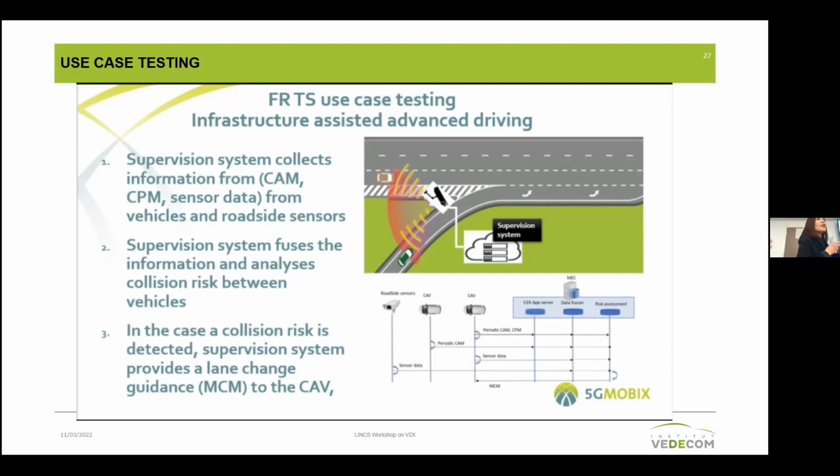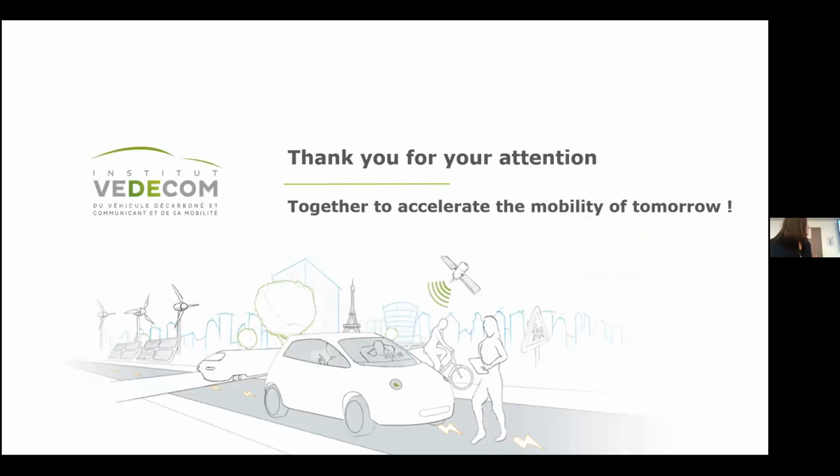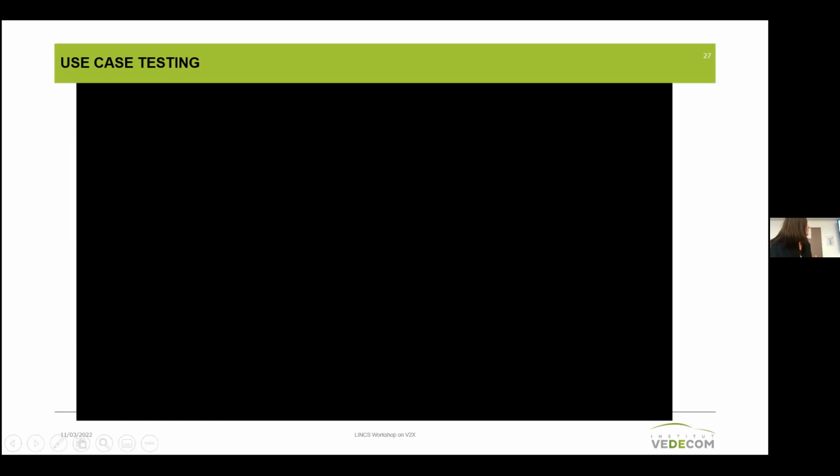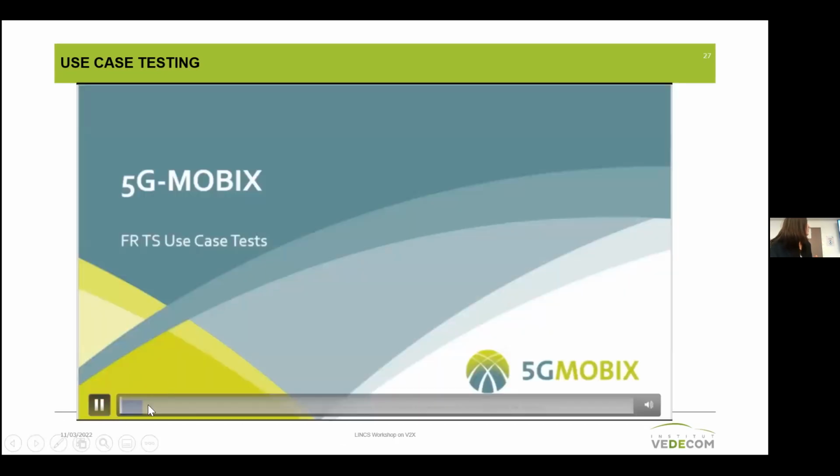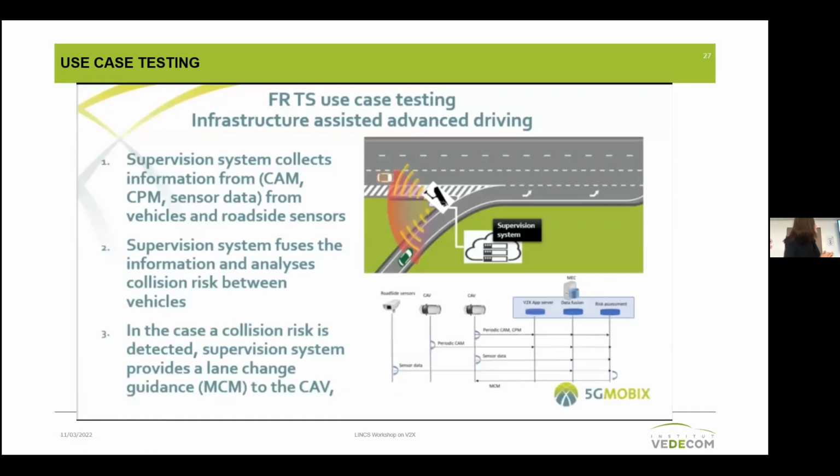The roadside sensor sends this information to the MEC. The connected vehicle and automated car also send their CPMs to the MEC. The MEC does data fusion and analyzes the risk. If risk is detected, it will ask the automated car, in our case, to change the lane. That is the scenario.